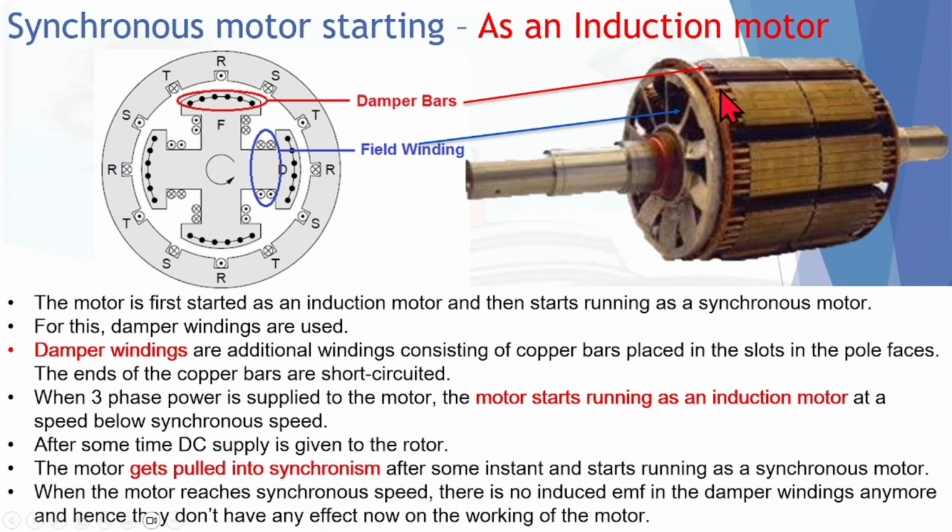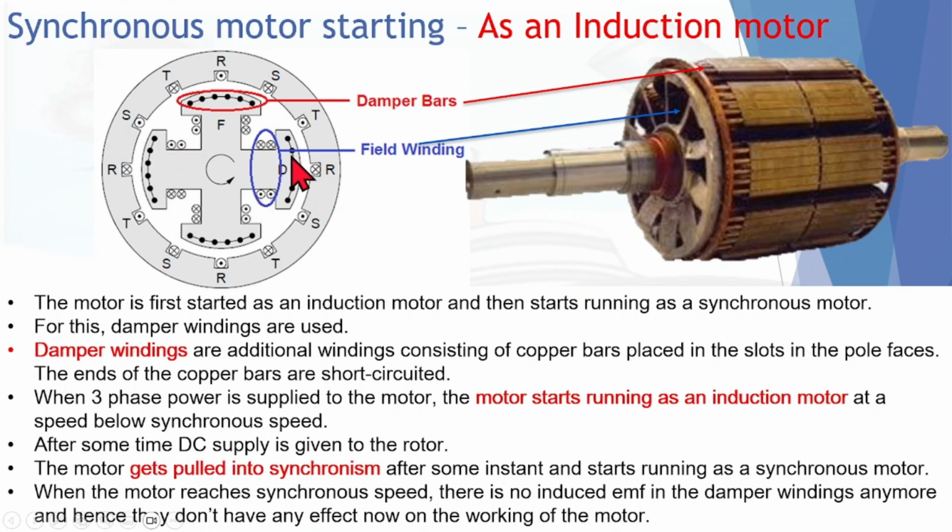After some time, once it comes to the rated RPM, you supply the field winding with DC supply, right? This will cause the rotating magnetic field of the stator and the main field winding, with different polarities, to lock together and continue the rotation.